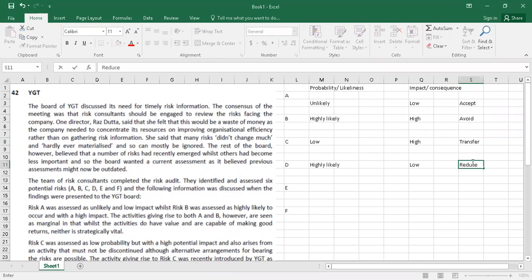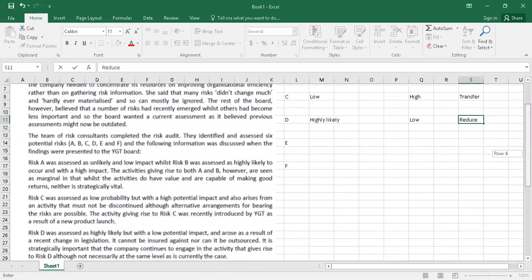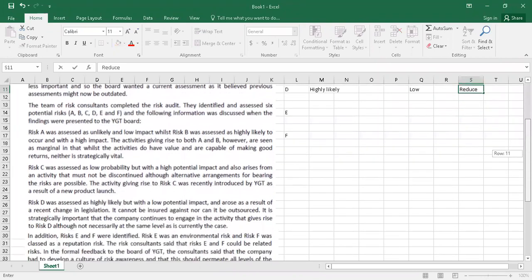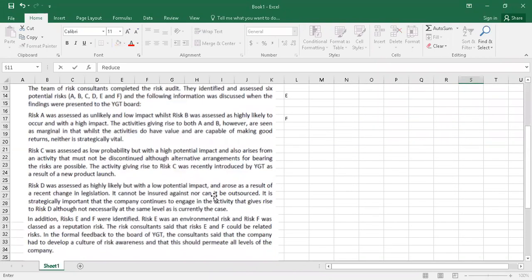Apart from that, we also have E and F identified. E was an environmental risk, and risk F was classed as a reputation risk.